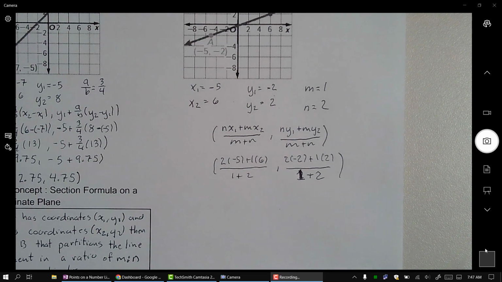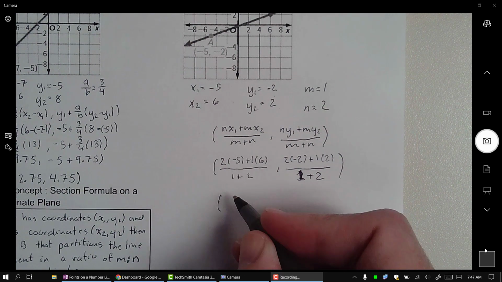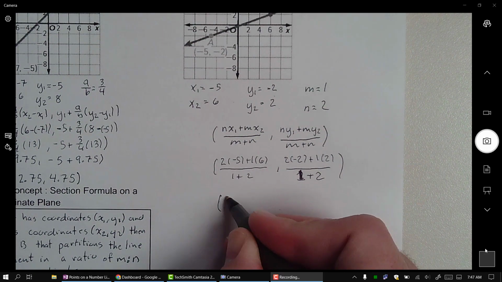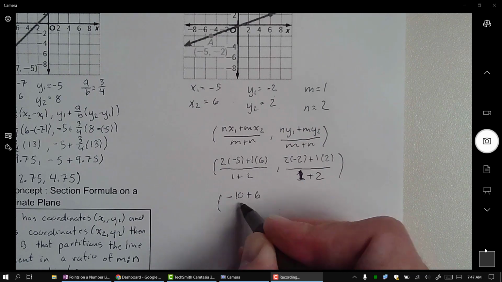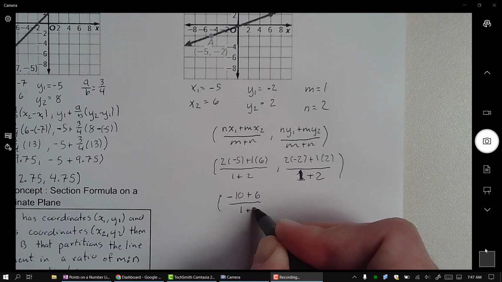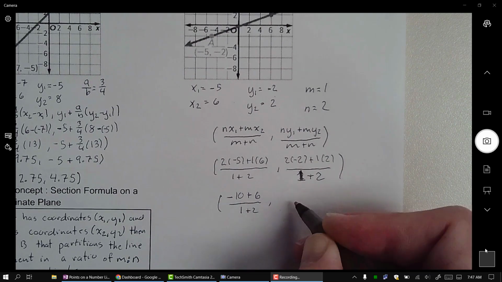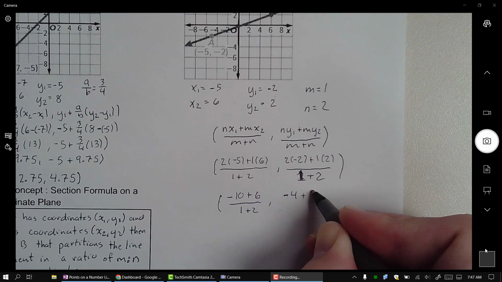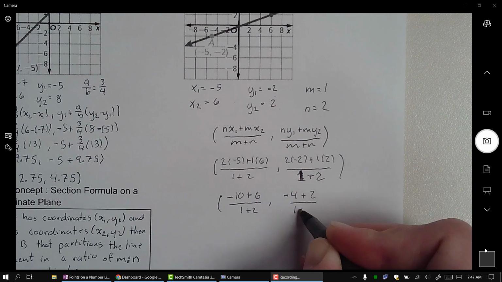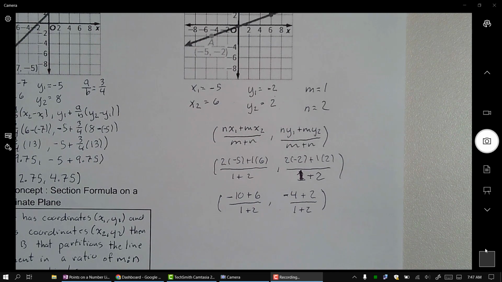So let's do the multiplication. 2 times negative 5 is negative 10 plus 1 times 6 is 6 over 1 plus 2. 2 times negative 2 is negative 4. 1 times 2 is 2 over 1 plus 2. Now let's do the addition.